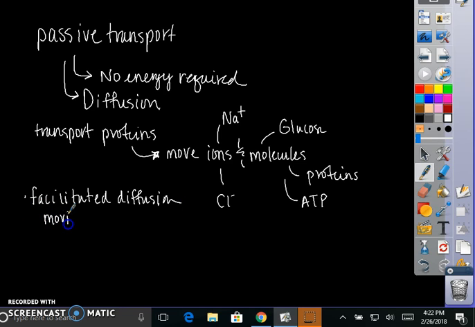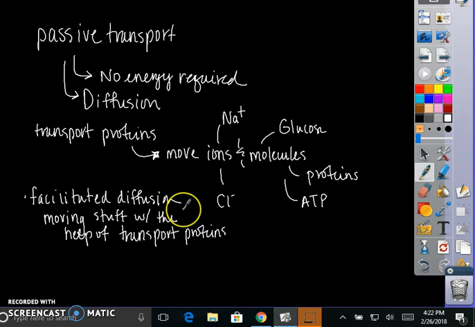So moving stuff with the help of, we said, transport proteins. So let's look back to the model that you guys constructed. Can you find your transport proteins? Do you have something that would allow materials to move into and out? And of course, the answer is yes, you do.